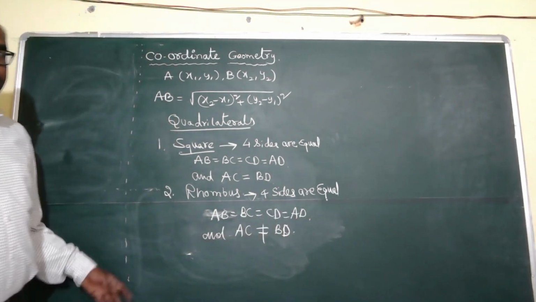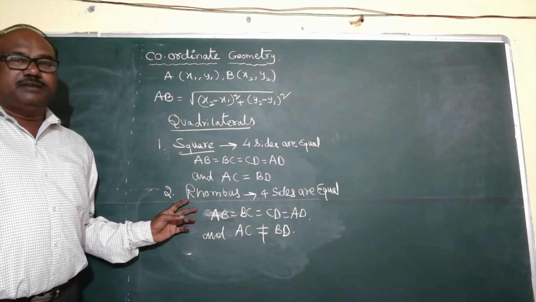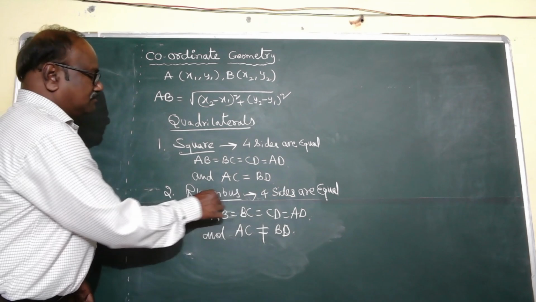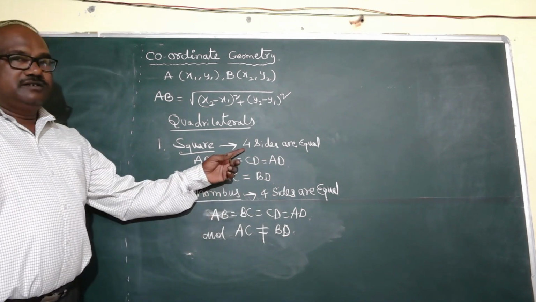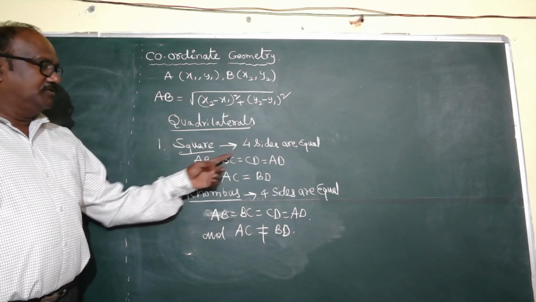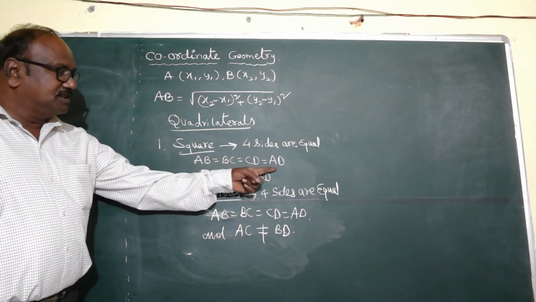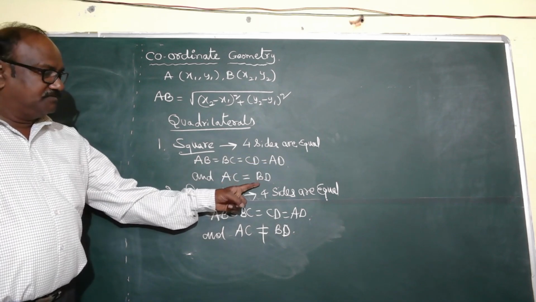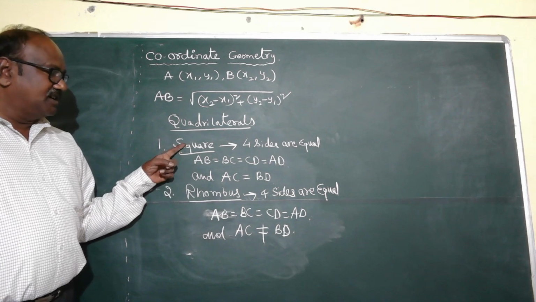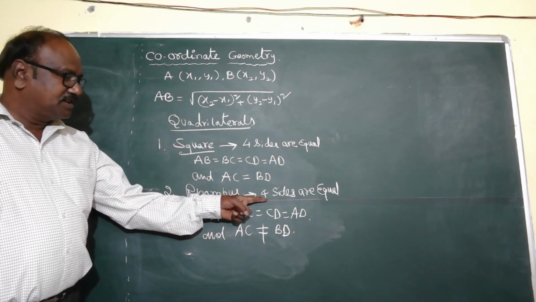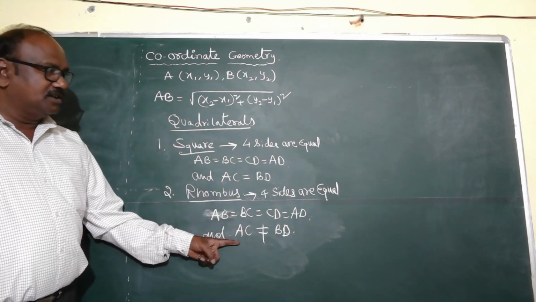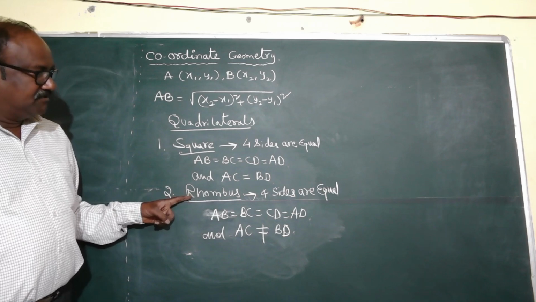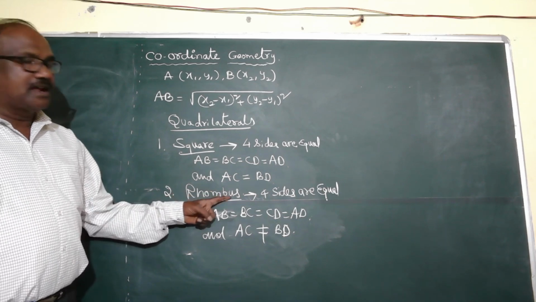Then we can accept that given 4 points A, B, C and D form a rhombus. Once again, if we get all the 4 sides equal and diagonal AC equal to BD, then it is a square. If 4 sides are equal but diagonals are not equal, then given 4 points form a rhombus.